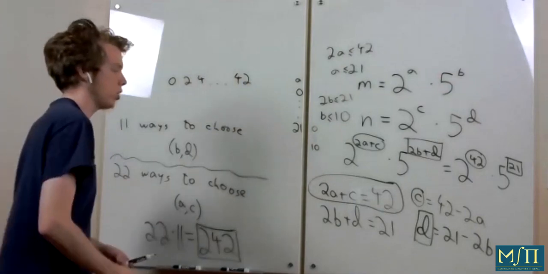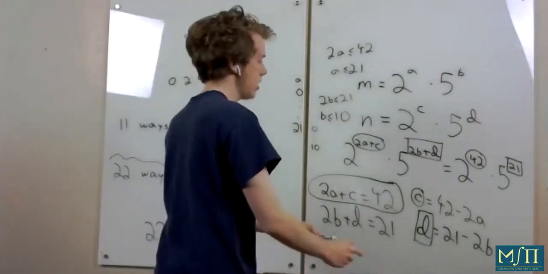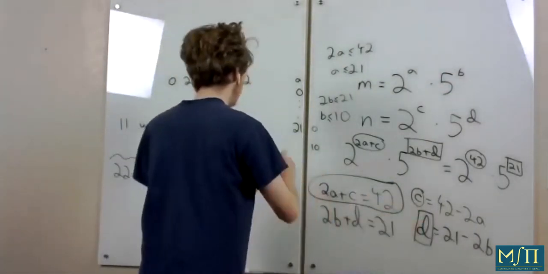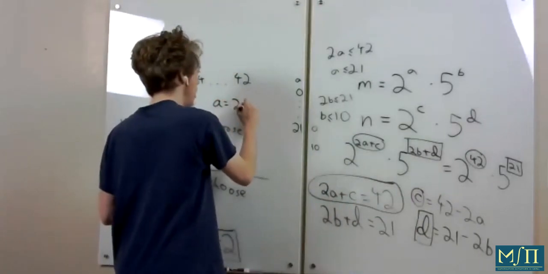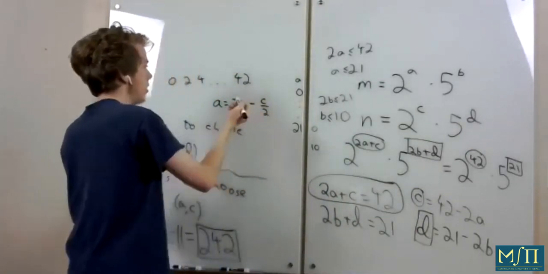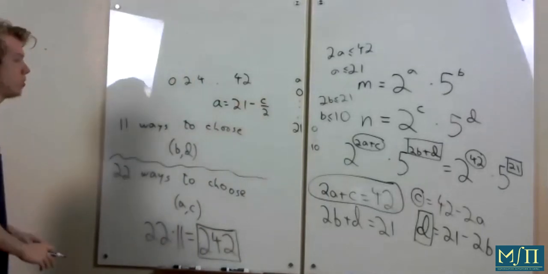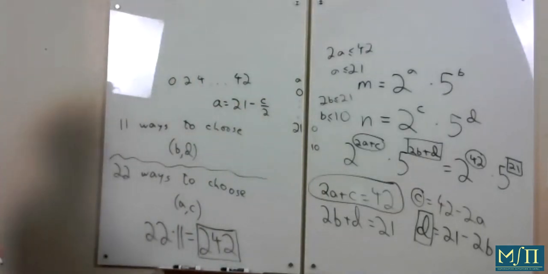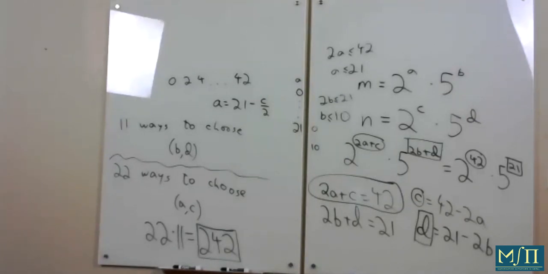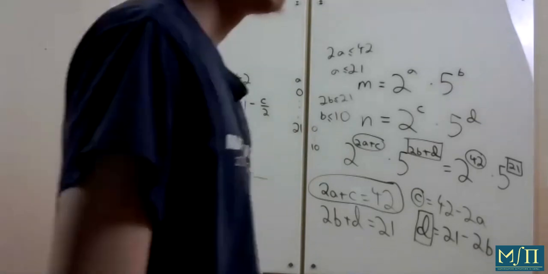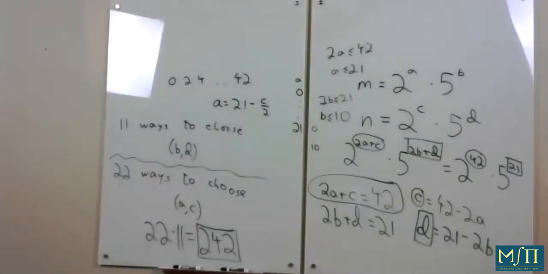So there are 22 ways to choose C, and that uniquely determines A. You could say A is 21 minus C over 2. That could be another way of doing it. So, any other questions? If not, I'll move on to the next problem.